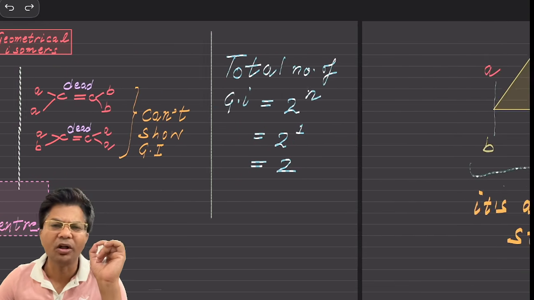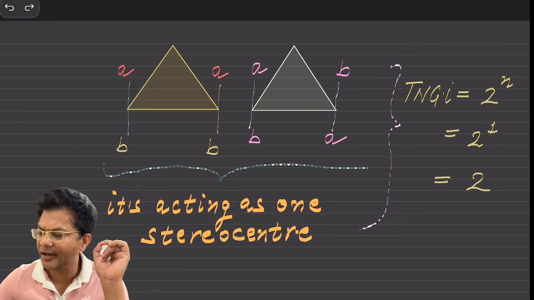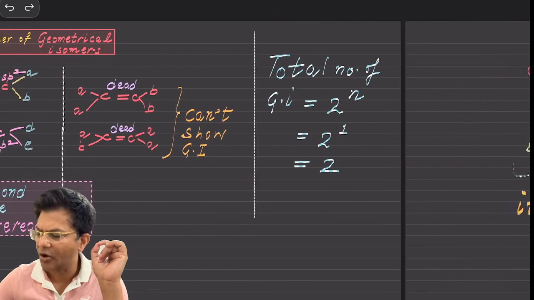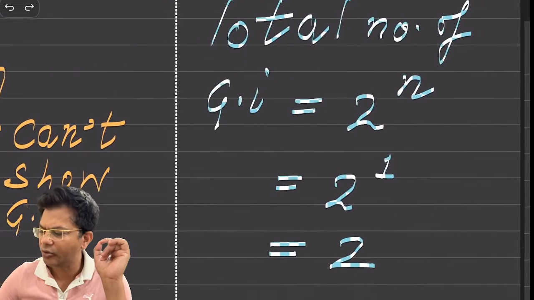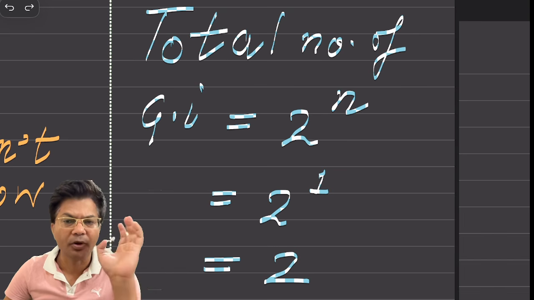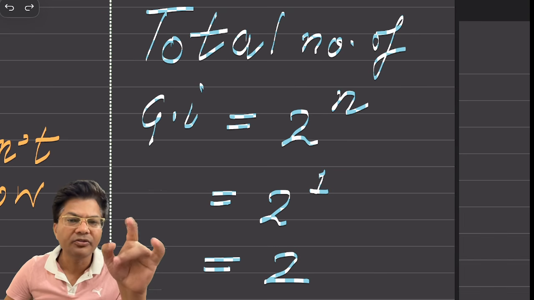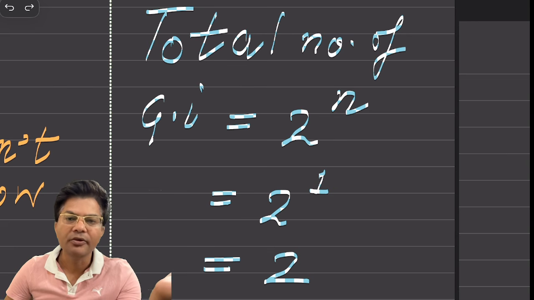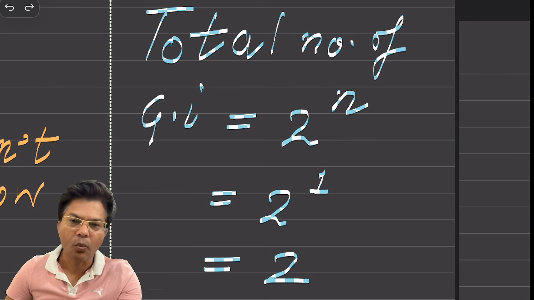So in all these cases, the total number of GI will be 2 raised to power n, where n is the number of stereocenters. Here it is 1, so 2 raised to power 1, which is 2. 1 cis, 1 trans, or 1 E, 1 Z.